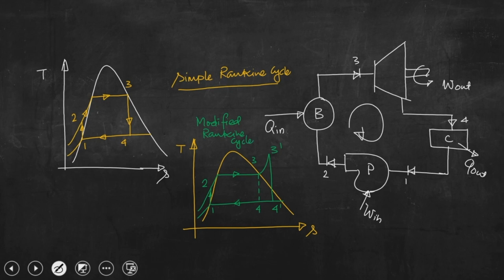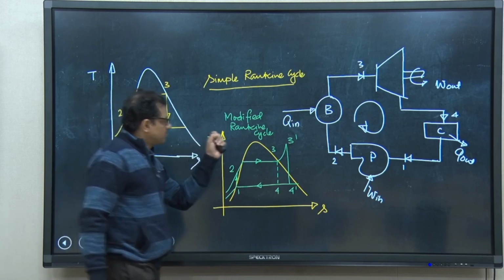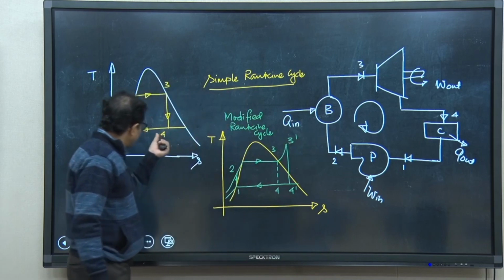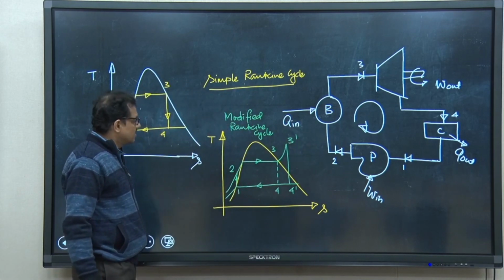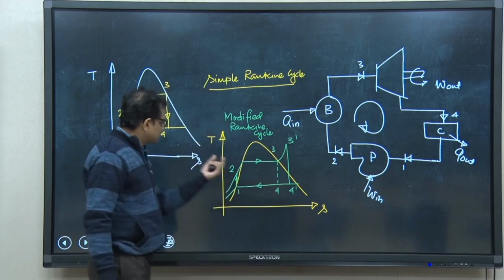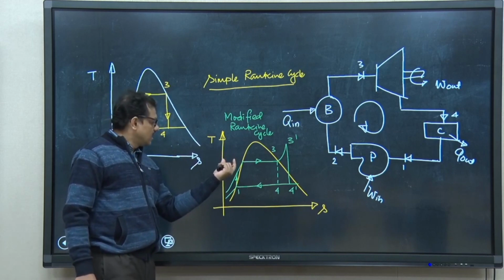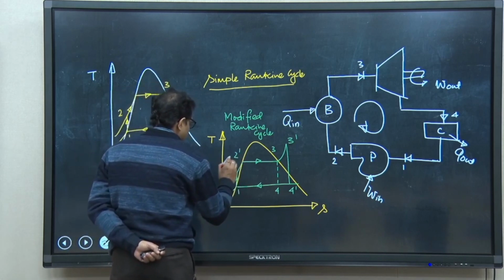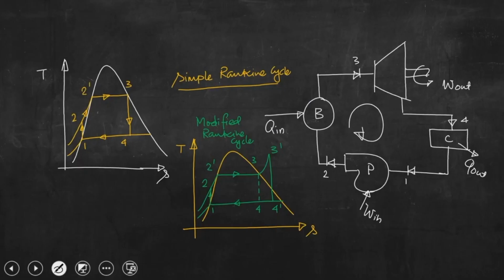What we can see from these two diagrams is that whether the plant is operated following the simple Rankine cycle or the modified Rankine cycle, the important issue is the segment at which heat is added at a lower temperature. If we give the name, this is 2 prime, and this is also 2 prime.